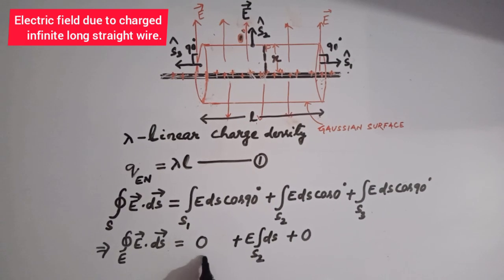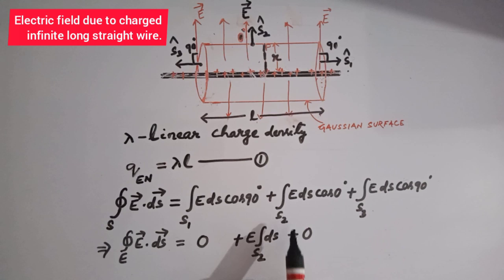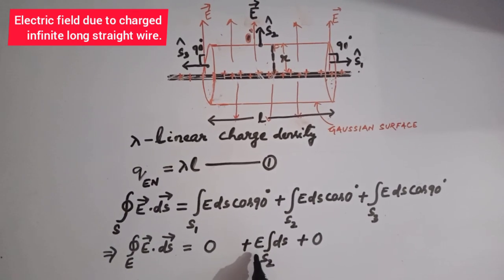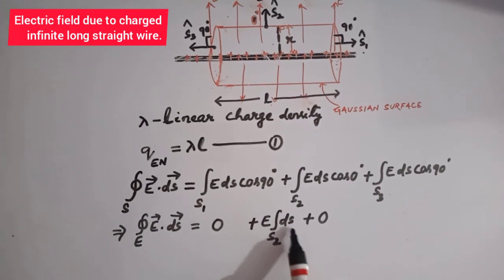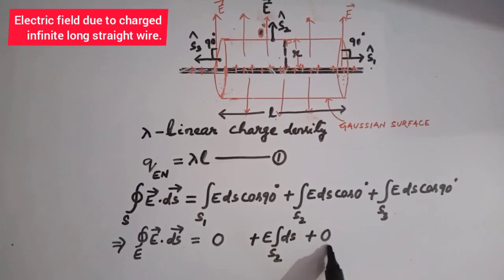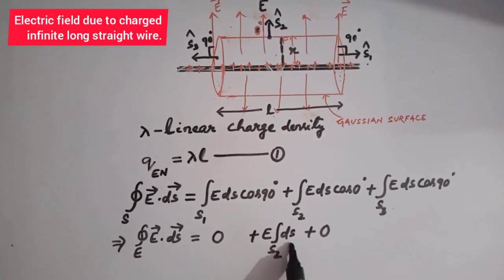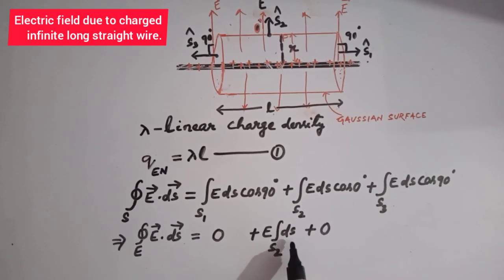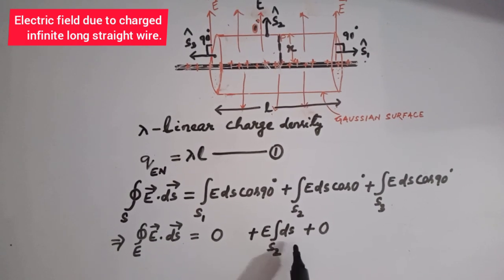Now this term is 0. Here it is over S2 and the electric field is constant at each point on the curved surface. That's why E is constant, it can be taken outside. It is the integration of ds, plus this term is also 0. Now what is the surface area of the curved surface? The radius is given r, the length is given l. So what is the surface area of the cylindrical surface?